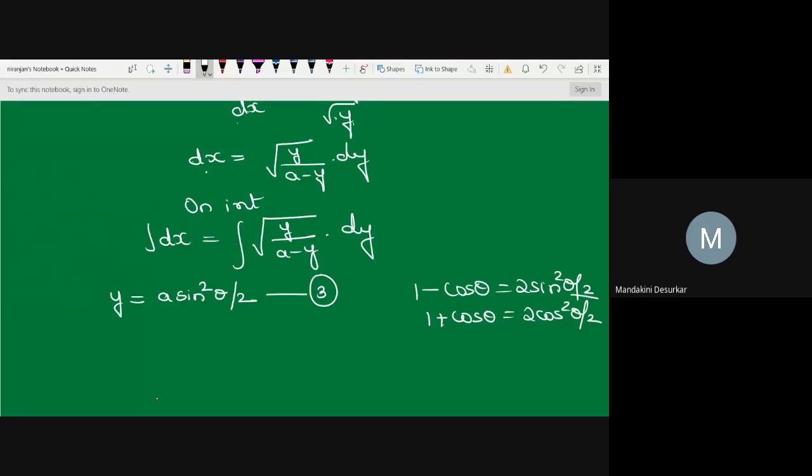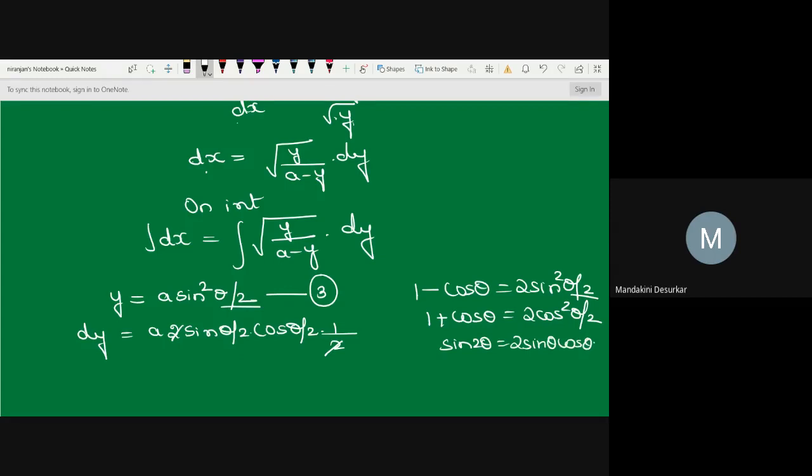So if I differentiate this, dy is equal to a into 2 sine theta by 2, sine differentiation cos theta by 2, theta by 2 differentiation 1 by 2. Sine of 2 theta, even I'll write this, is 2 sine theta cos theta.